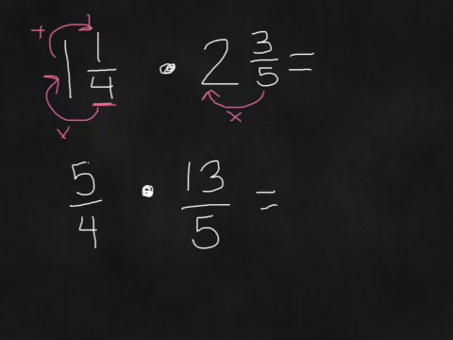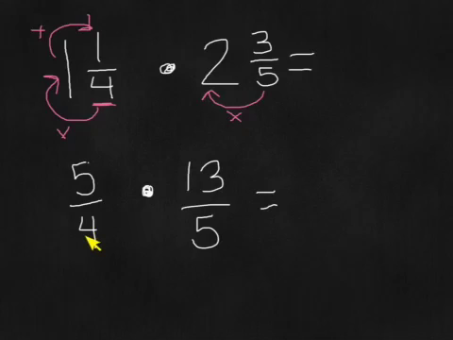Now, the next thing we need to do is to see if we can simplify within this problem. There are some ways you can simplify, either straight up and down within the same fraction, which we can't do here, or you can also look across this way diagonally, one number from the numerator and one number from the denominator.